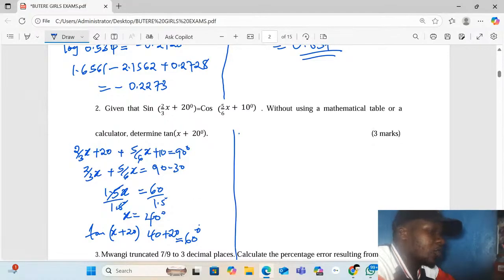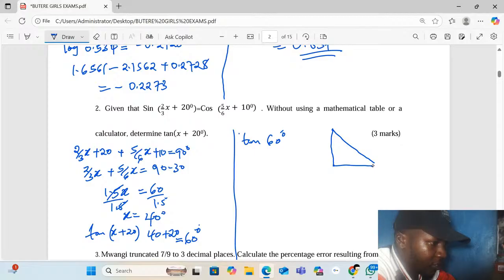Without using a mathematical table or calculator, to find tan 60 we normally use a triangle with angles 90, 30 and 60, and sides 2, 1 and root 3.